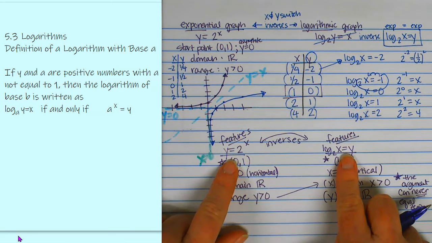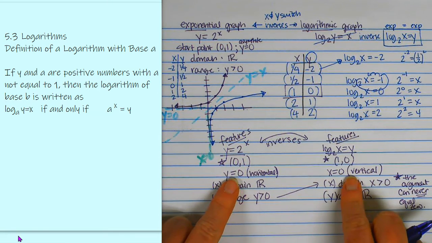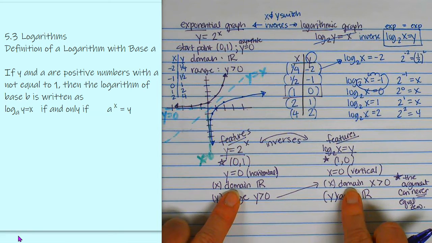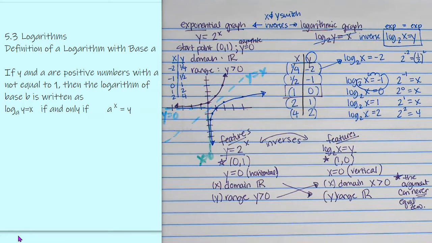So we've learned how to switch this. We can see the starting value is switched, x's and y's. The asymptotes are perpendicular to each other, y equals and x equals 0. Domain and range are flip-flopped. So these you need to memorize. Hopefully you've got the exponential firm in your head so that you could think about the opposite for logarithmic graphs.